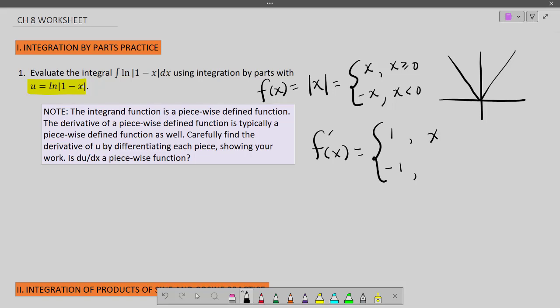So tell me this. First off, the derivative of this upper piece, derivative of x is 1. It's the coefficient. It's the slope. What is the interval on which that is true? 0 to infinity, right? So this is x greater than 0. This is x less than 0.